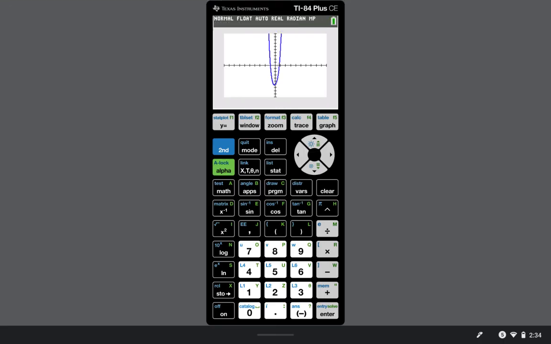I'm going to clear out the old formula. So I go to my y equals key and hit clear. And now I'm going to type in the new one. 3x cubed minus 8x squared minus 20x plus 16, and I'll graph it by hitting zoom 6.